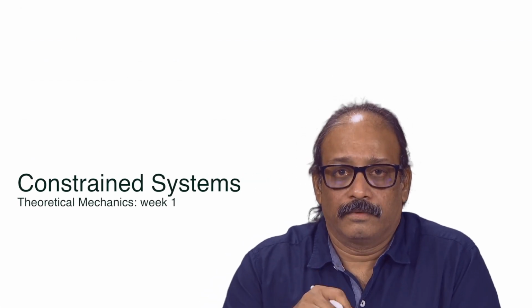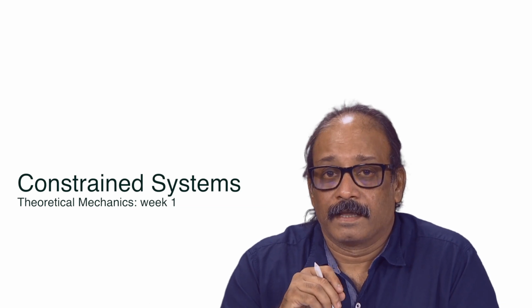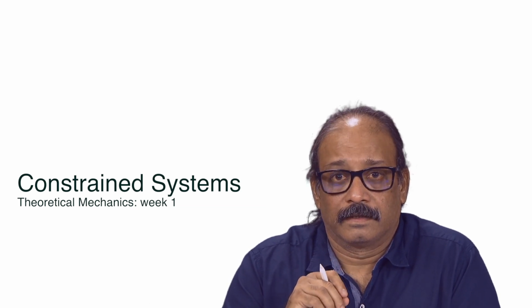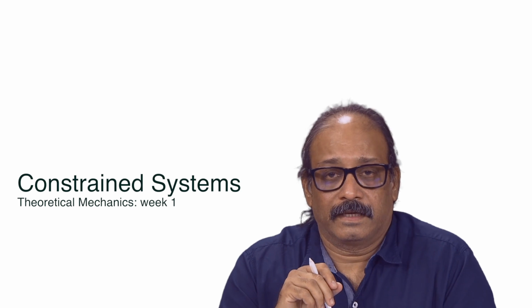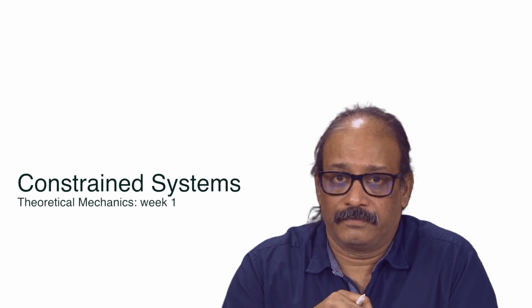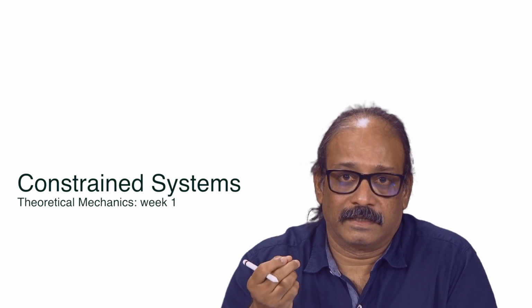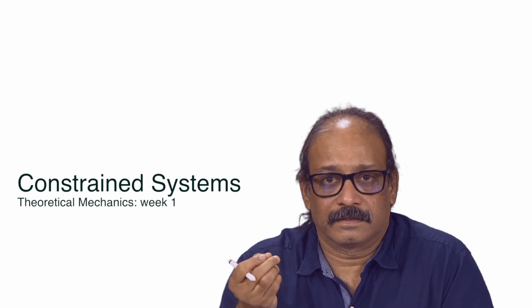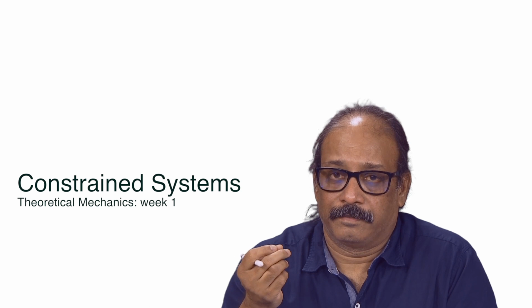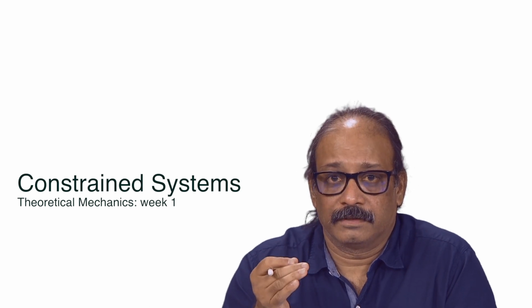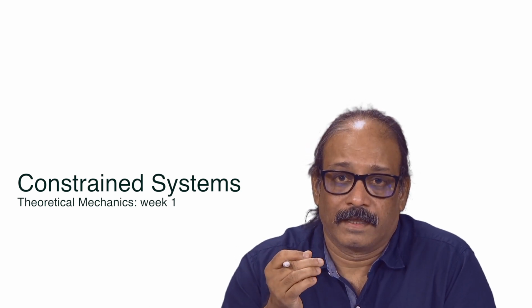Okay. Now, what we want to do is this. We are going to consider constrained systems and look at how the configuration space looks in them. You see, in constrained systems, the motion of the particles is restricted in some way.